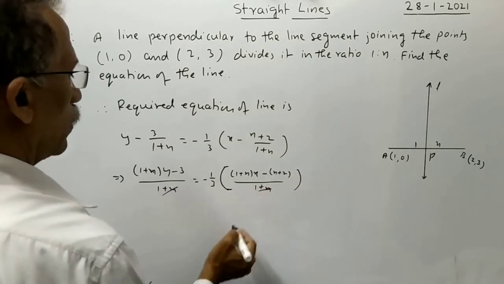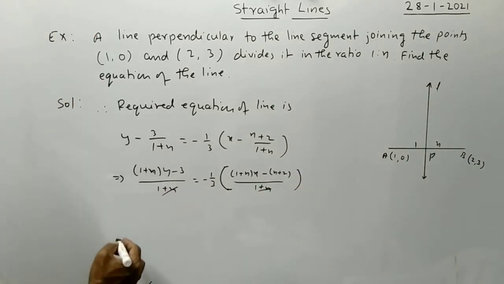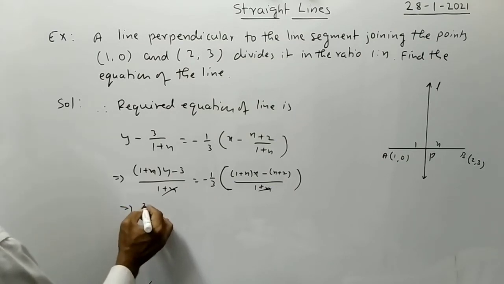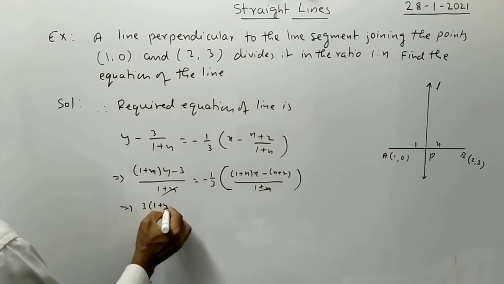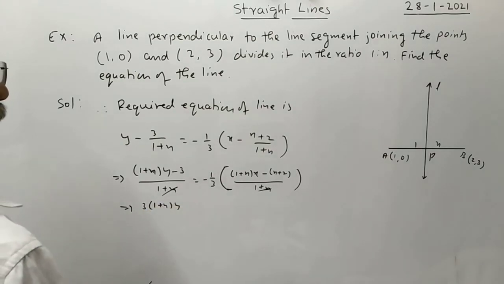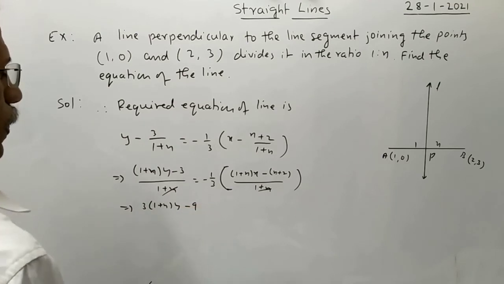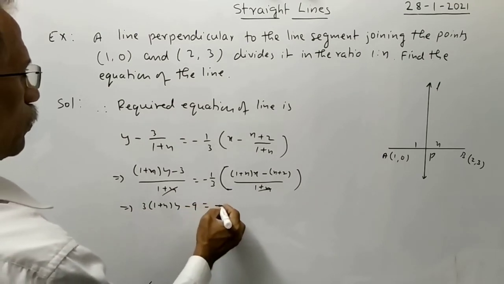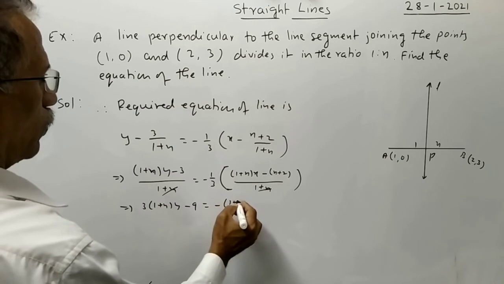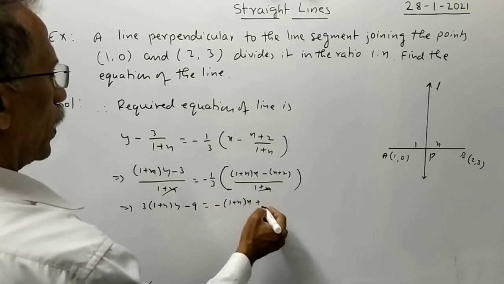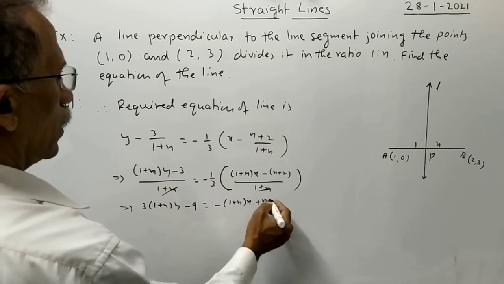1 plus n, we can cancel on both sides. This implies 3 into 1 plus n into y minus 9 is equal to minus 1 plus n into x plus n plus 2.